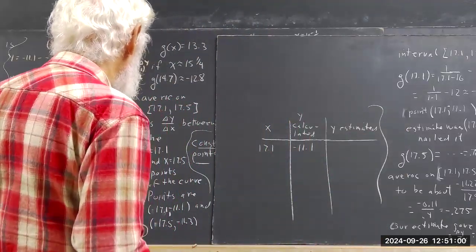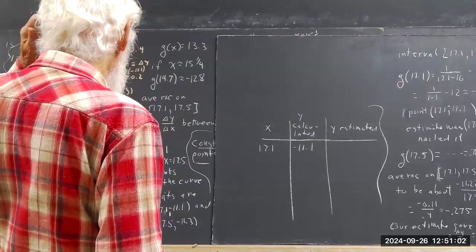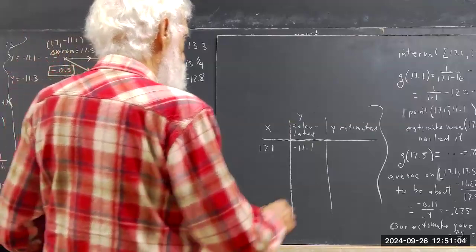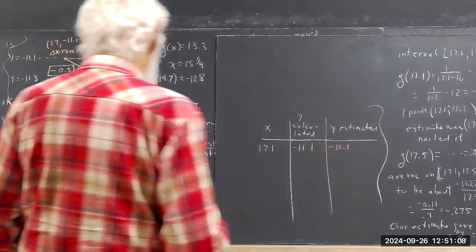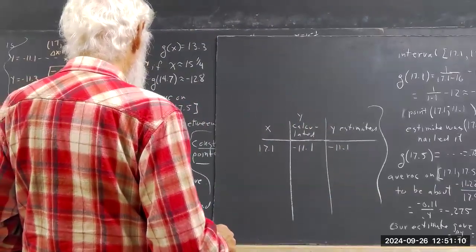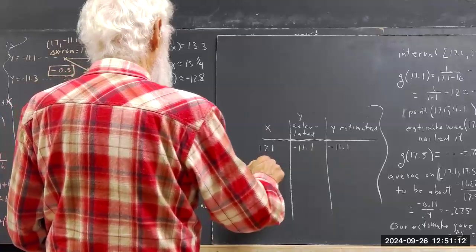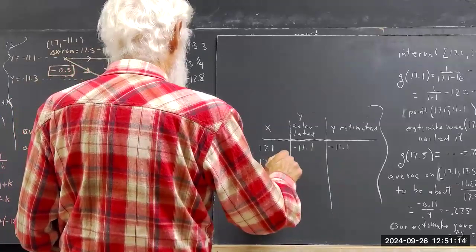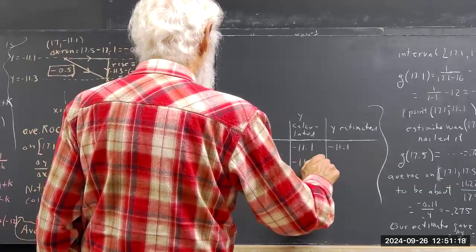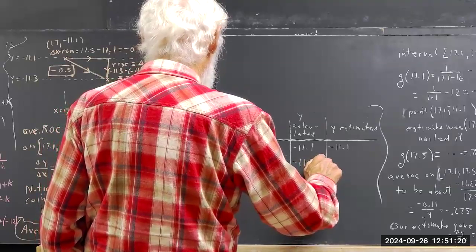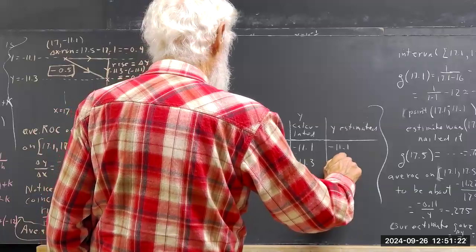And it turns out that the calculated y and the estimated y were the same. We had x equals 17.5, calculated negative 11.3, estimated negative 11.3.